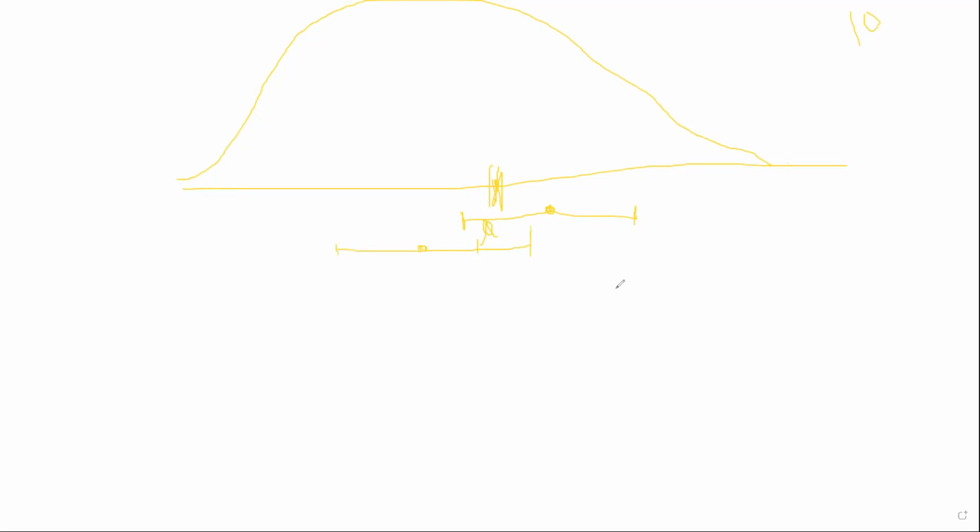Third time I took a sample, and its mean is coming here, and its confidence interval is coming here.